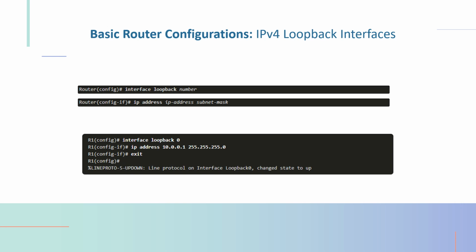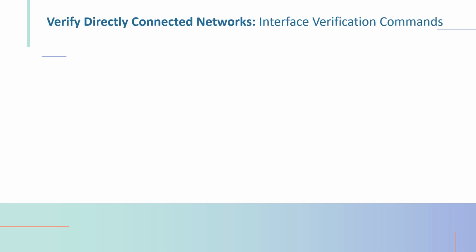And with this, after we did the configuration on a router, there is no point in configuring your router unless you verify the configuration and connectivity. Here we will cover the commands to use to verify directly connected networks.